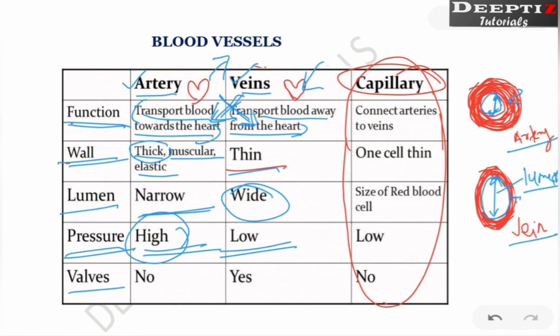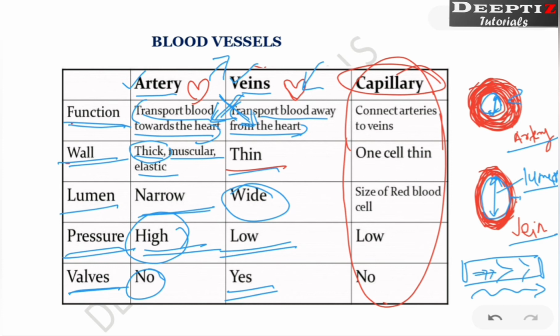So what about valves? Where are the valves? Valves are absent in the case of artery and present in the case of veins. So what are these valves? Suppose this is one of the blood vessels and blood is flowing in this direction. When the blood comes in between, what happens? There are door-like structures.